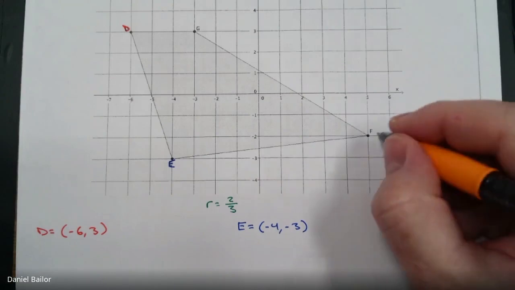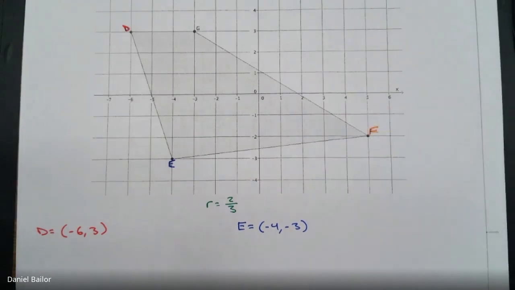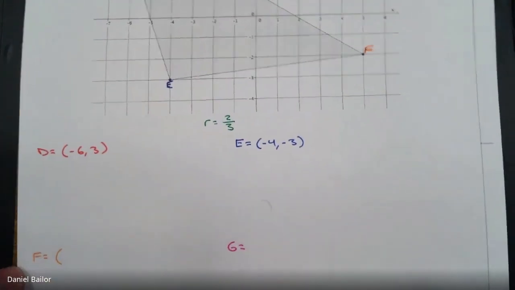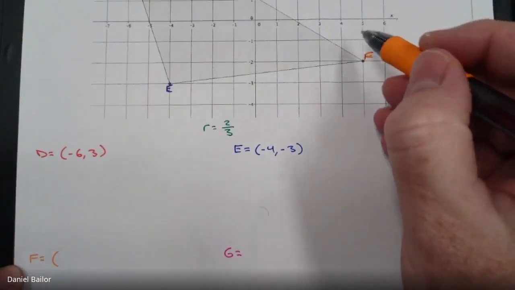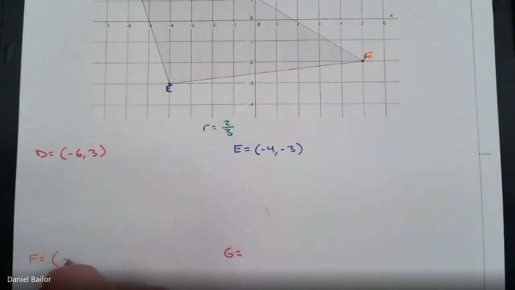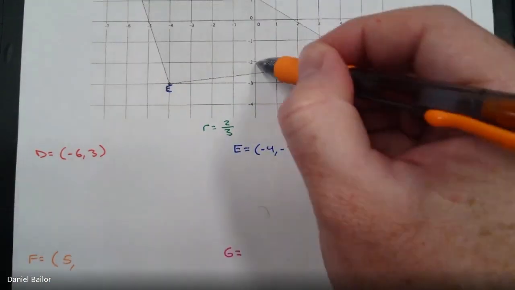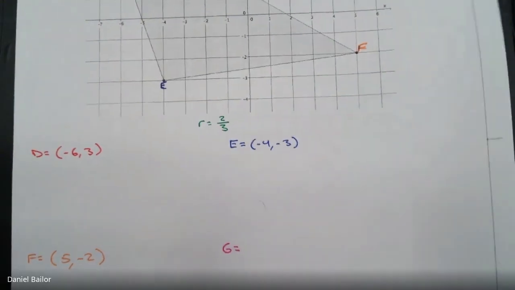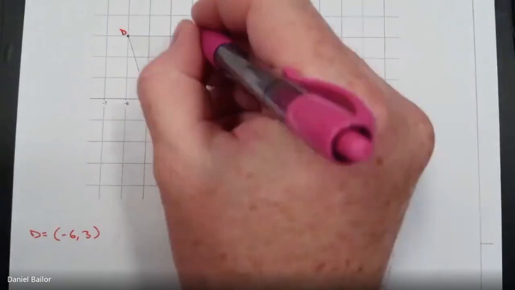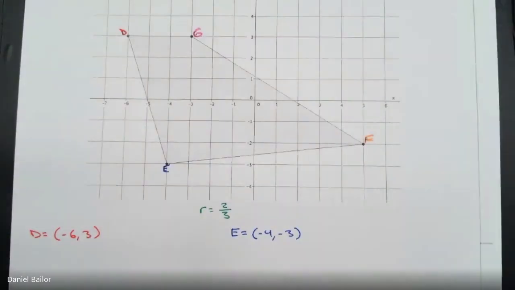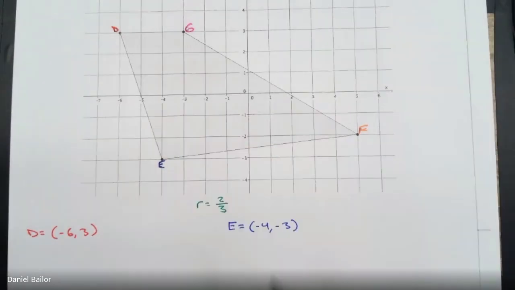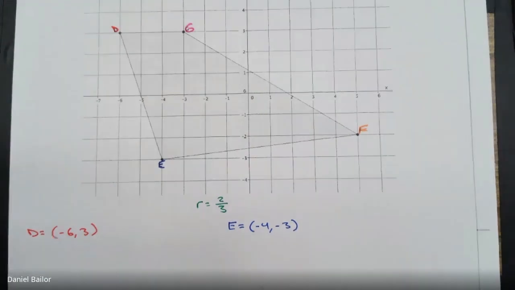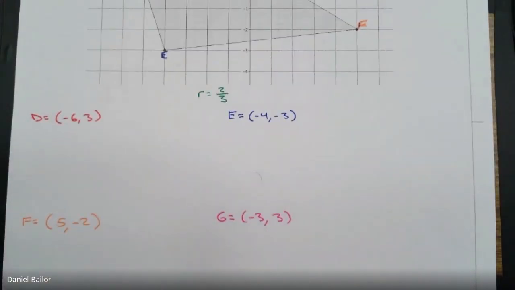Point F is over here, and those coordinates are going to be, let's see, 5 on the x and -2 on the y-axis. Our final coordinate is G. It's up here close to the D coordinate. Those coordinates are -3 on the x and 3 on the y. So those are my 4 coordinates that you need.